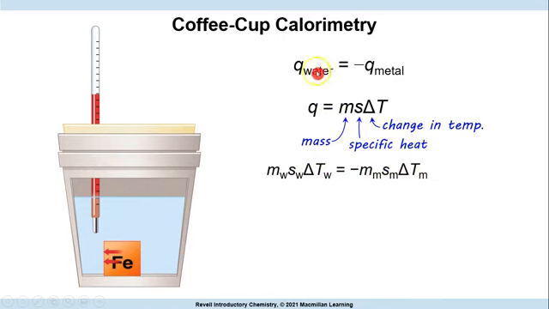We've just substituted by replacing this Q, which is equal to m s delta T. Now, if we put all of this together, we can calculate the specific heat of this metal.